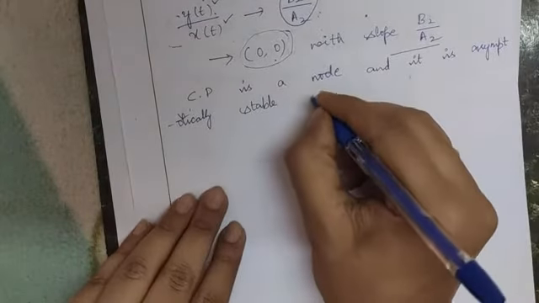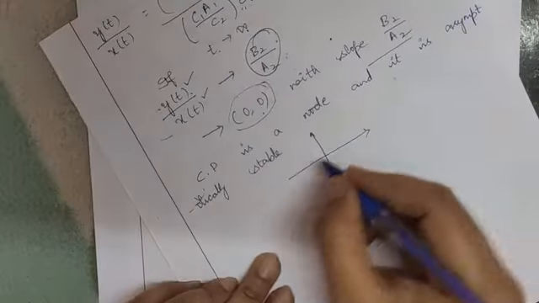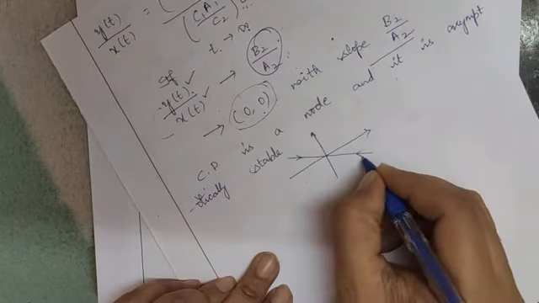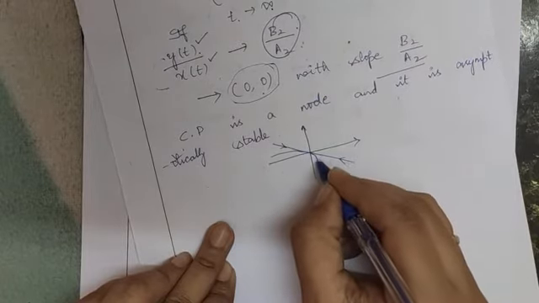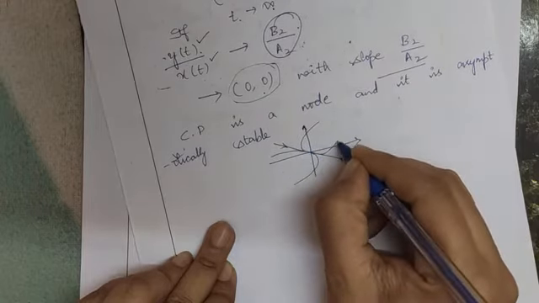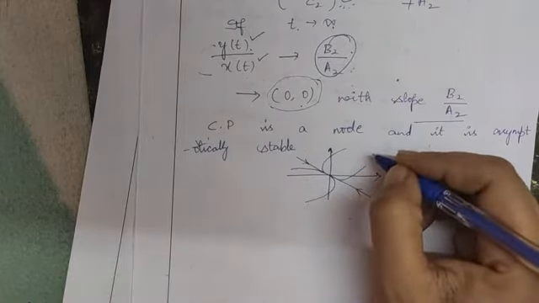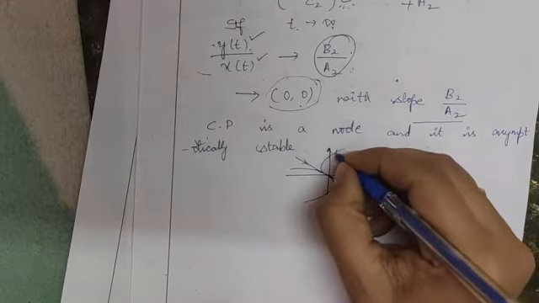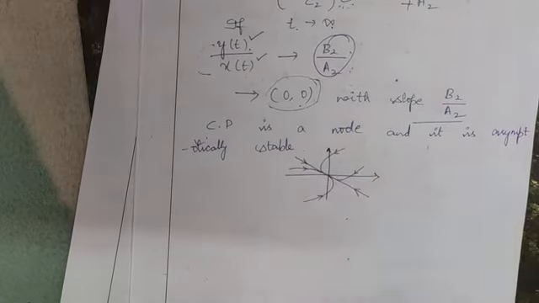Okay, so pictorially I can represent this as towards origin. I can represent it in this form. From all the sides, whatever lines you draw will be towards the origin.